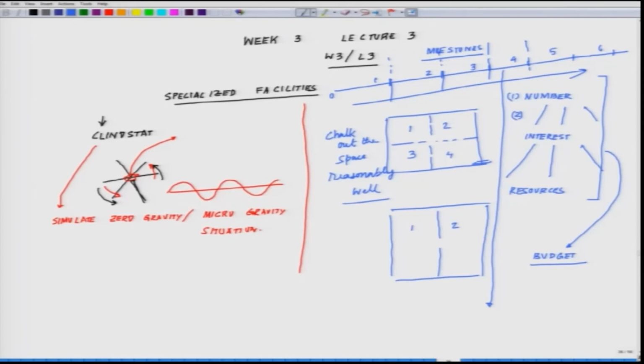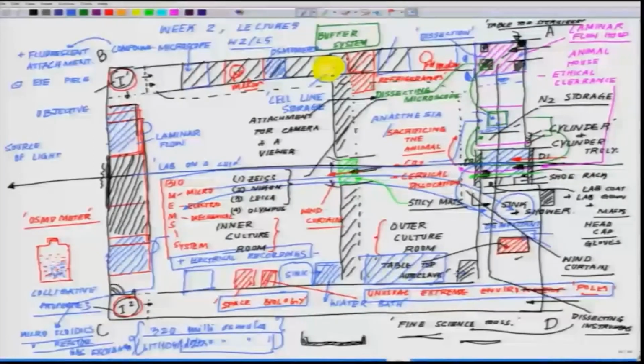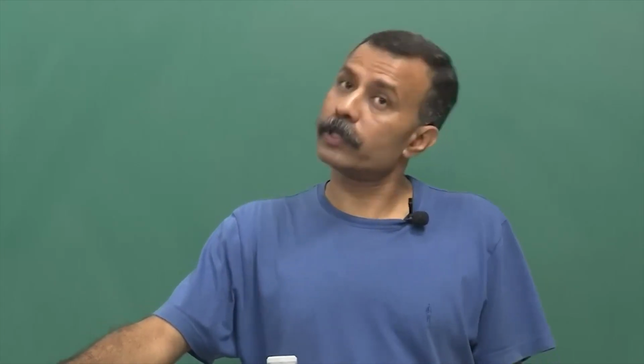Another thing I did not mention here, while you are planning this setup, on the walls of these sites you will have storage of materials. But if you want to do it on the walls, then you have to keep in mind that you have to have a dedicated ladder for your lab, which is purely dedicated.